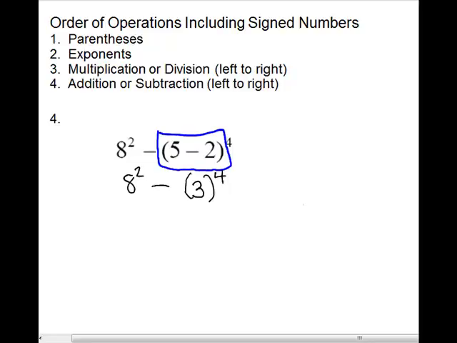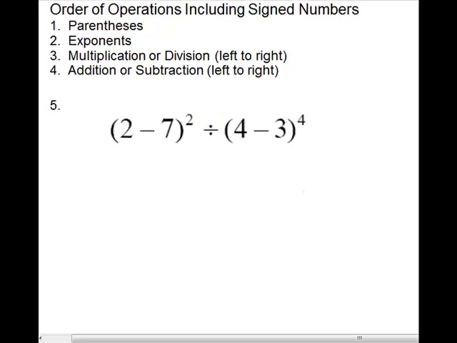So we can do 8 squared means 8 times 8 is 64. We can also do 3 to the 4th. You might write that on the side. It's going to give you 81. And now you have different signs. So you're going to subtract and sign of the larger. So sign from the 81.